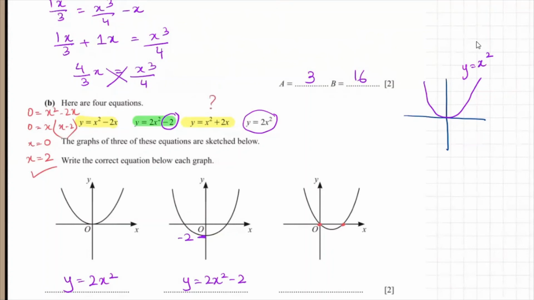Let's solve this as well. 0 equals x squared plus 2x, 0 equals x times x plus 2, x equals 0, x equals negative 2. Oops, this is not the answer. So this is my equation, which is y equals x squared minus 2x. And I'm done over here.